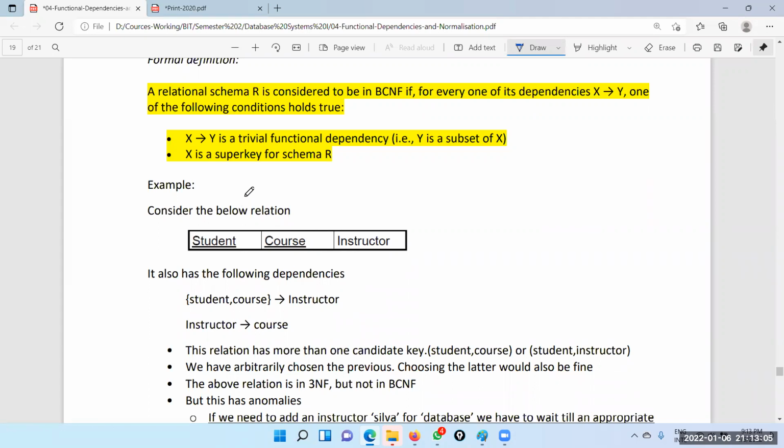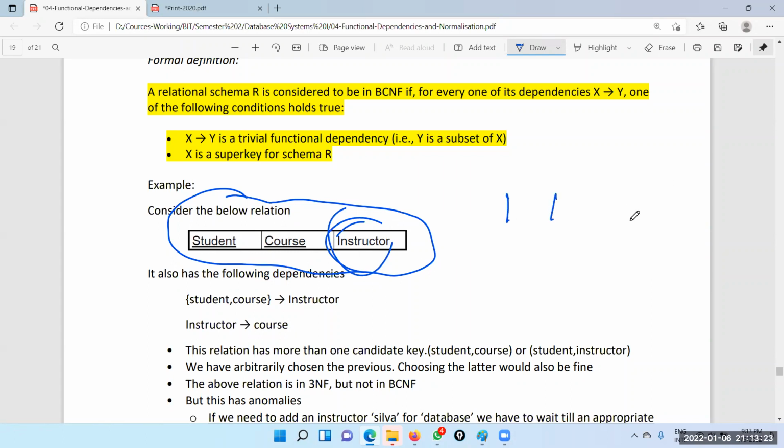Now, if you have your data like this, there's an issue. That is, if you don't have a student ID, course ID combination, you can't add an instructor, because you can say for this student, for this course, the instructor is Nimal. For the other student, for the same course, this. Maybe for the other student, for a separate course, this.